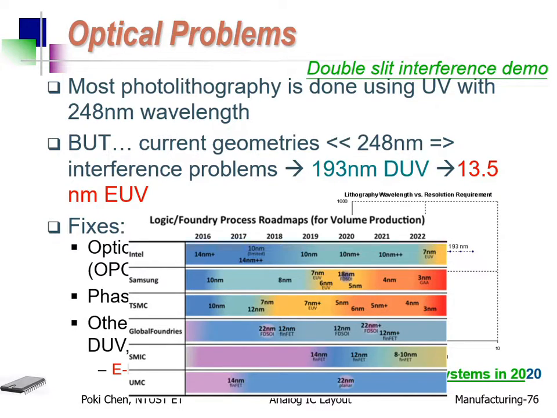So it's still a little bit better than TSMC, because Intel has 10 nanometer here and TSMC 7 nanometer there. Right? But after that, right now it's still 10.